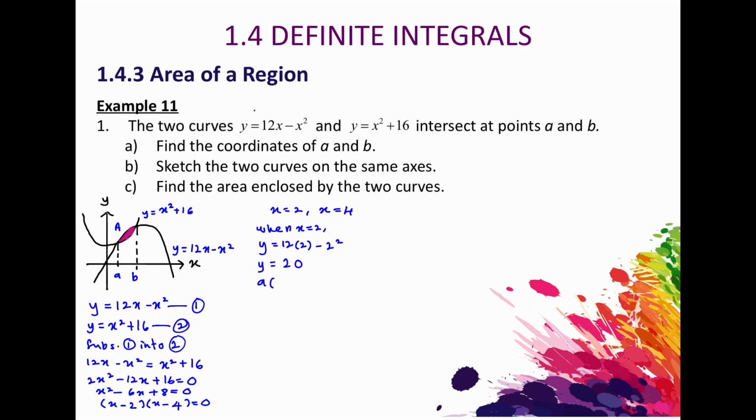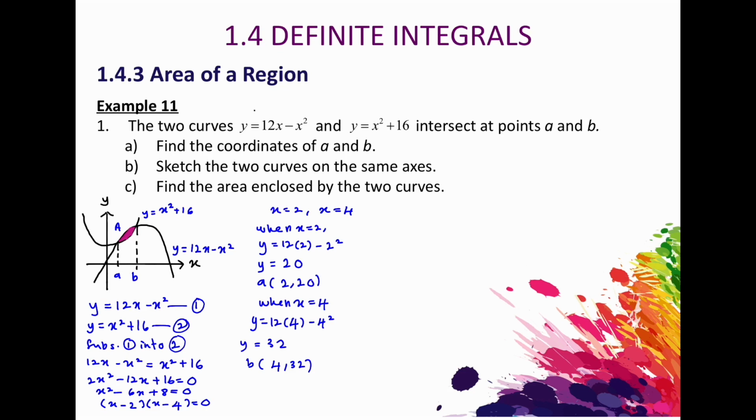So A is (2, 20). When x is equal to 4, y is equal to 12 times 4 minus 4 squared, so 48 minus 16, which is 32. So B is (4, 32).